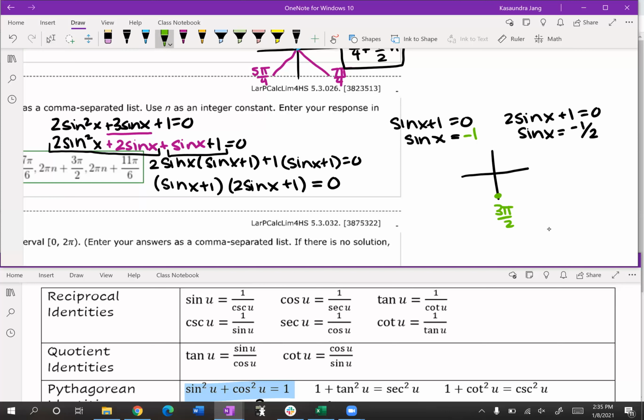To make my sine be a negative 1/2, I've got negative y values down here, so I'm going to get a negative 1/2 y value here at 7 pi 6, and over here at 11 pi 6. Okay.